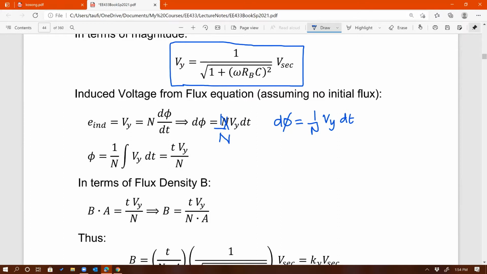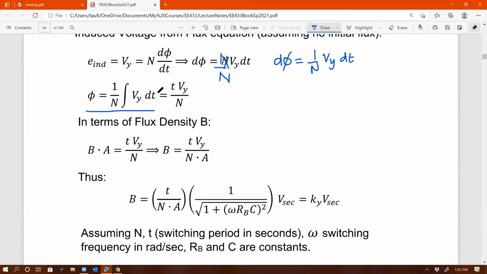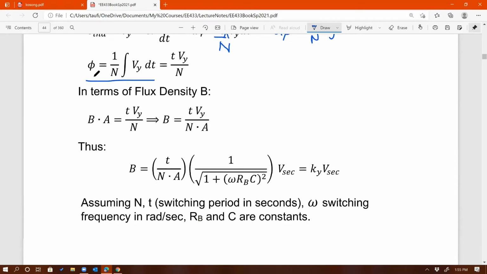Okay, so now I can take the integral of both sides, right? And if I do that, then I have this equation right here. And then when you carry out the integral, you get flux equals T times Vy over N. Okay, and we know that flux by itself is equal to B times A. Remember, B is flux density.